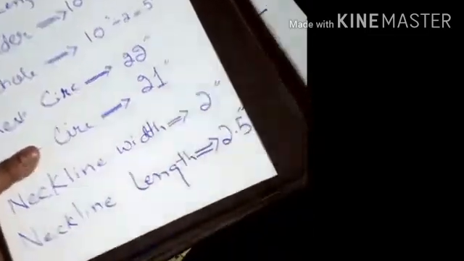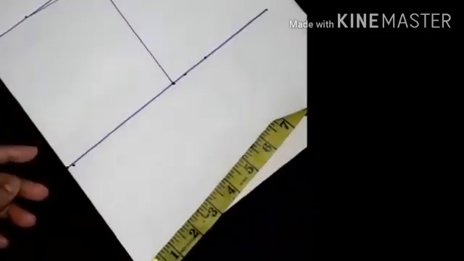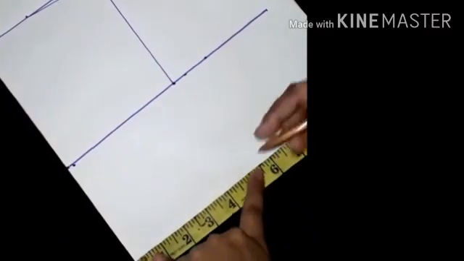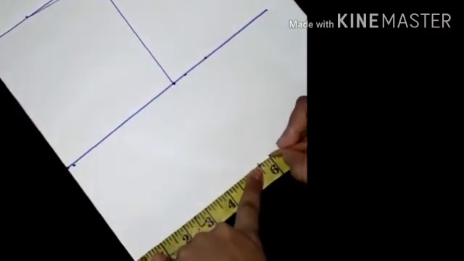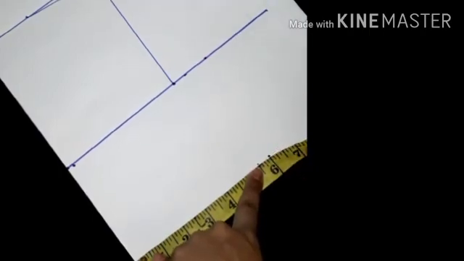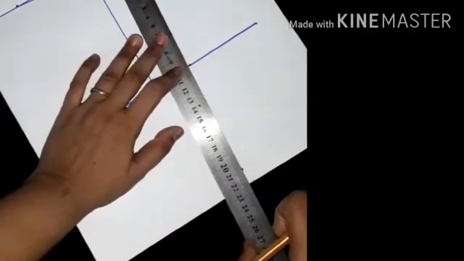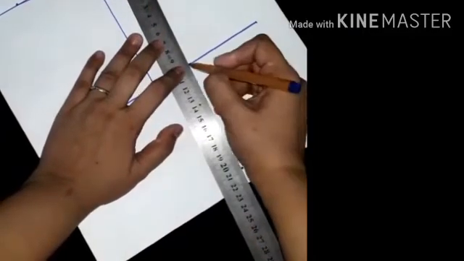Total waistline circumference is 21 inches. If you divide 21 by 4, you get 5.25, but I consider it 5.5. 0.5 I take for seam allowance. Now draw a line from the chest circumference to the waistline circumference.